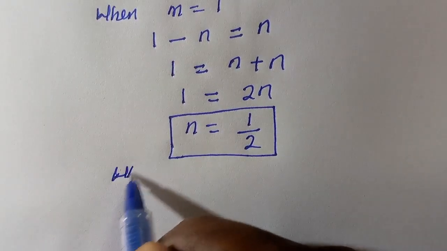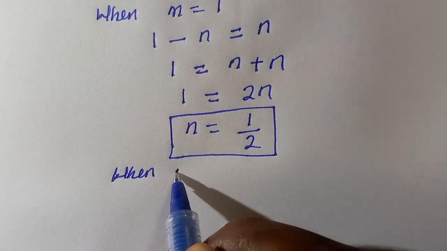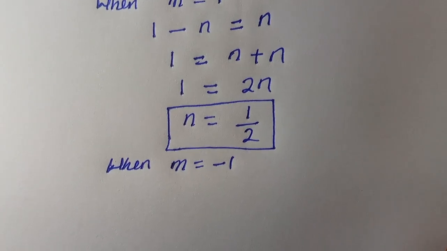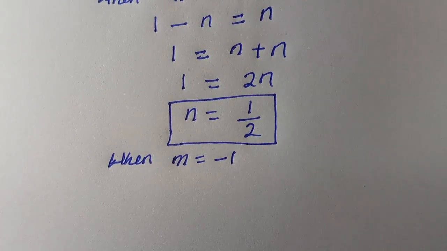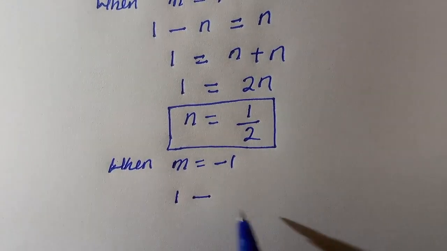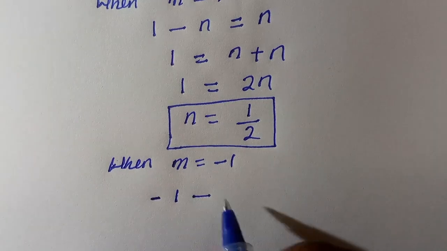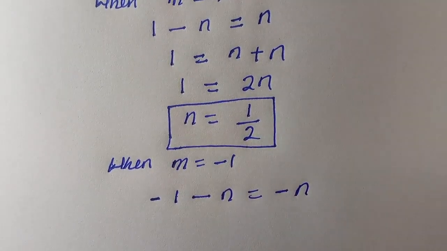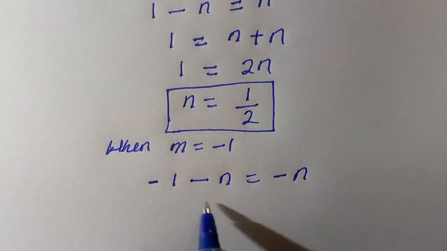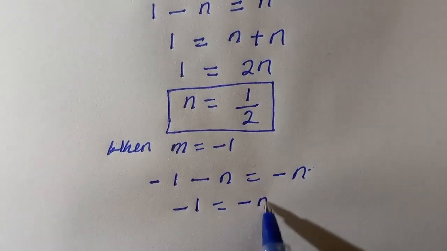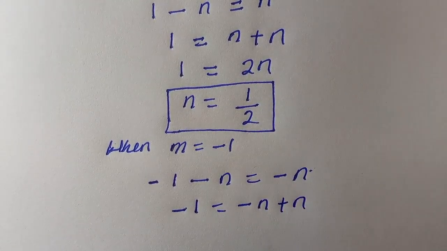And also, when m equals minus 1, we have to check for this as well. So here we are going to have negative 1 minus n equals minus n. So this cancels this, or we have minus 1 equals minus n plus n.